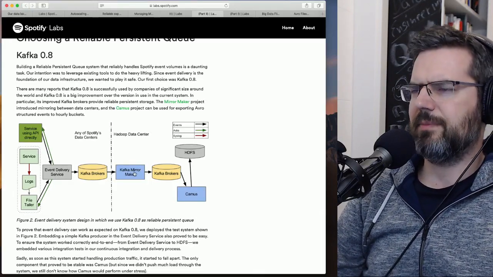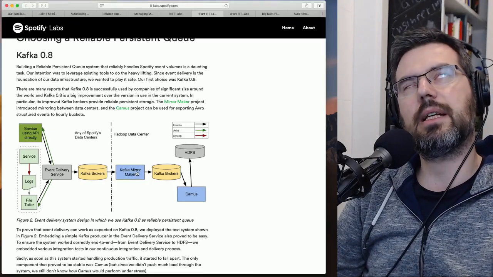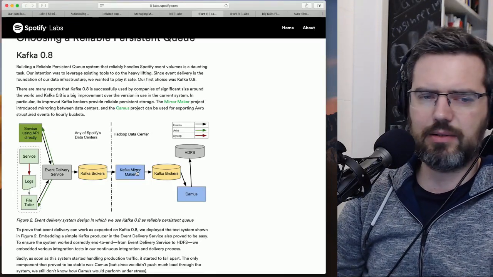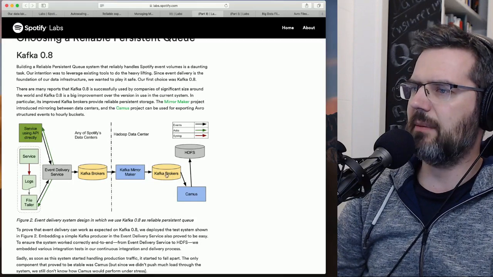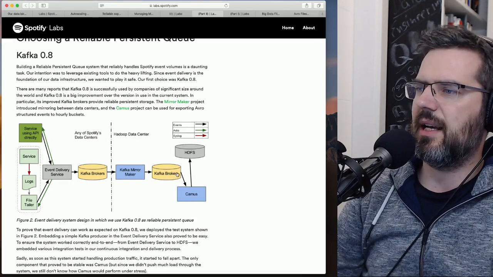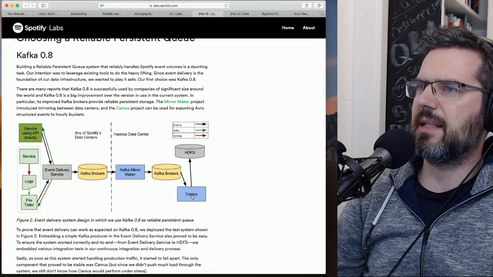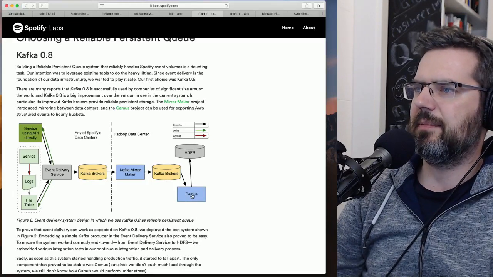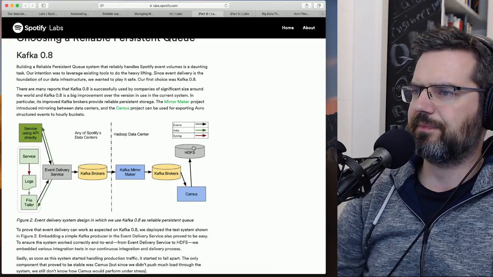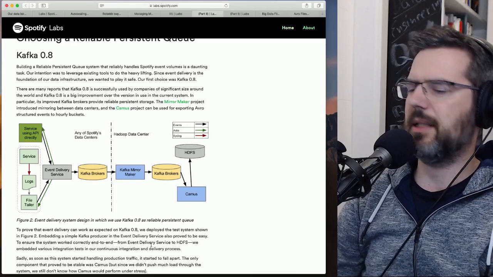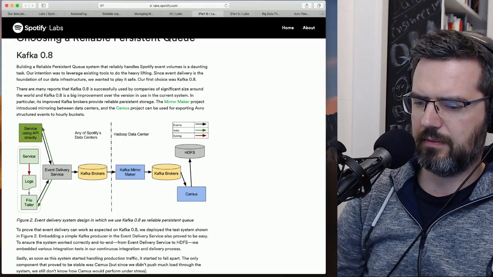and then into what was the Kafka Mirror Maker? I need to check this quickly. And then back into Kafka brokers, and then with a system into HDFS. What was the Mirror Maker? Just check.